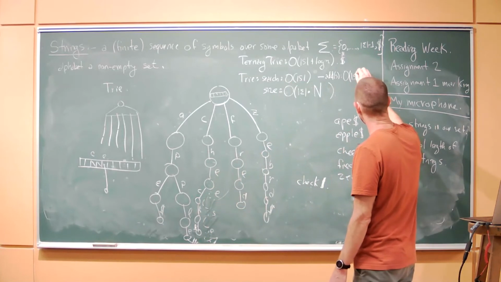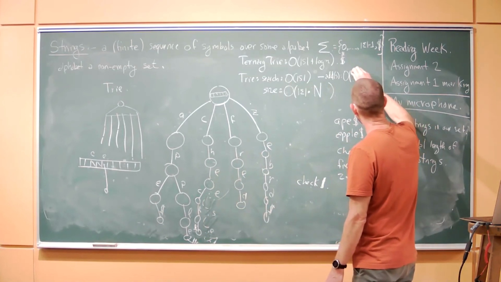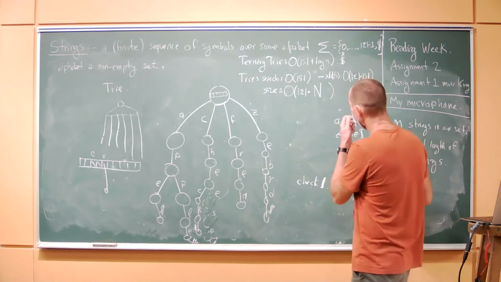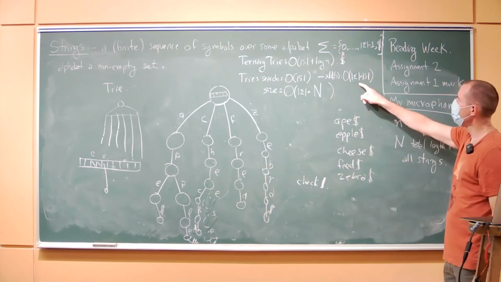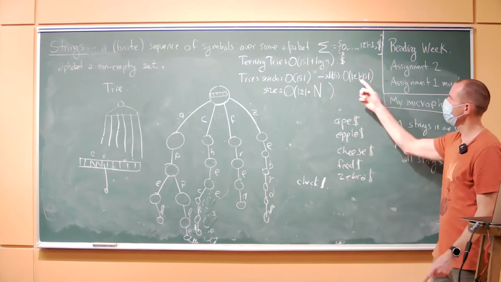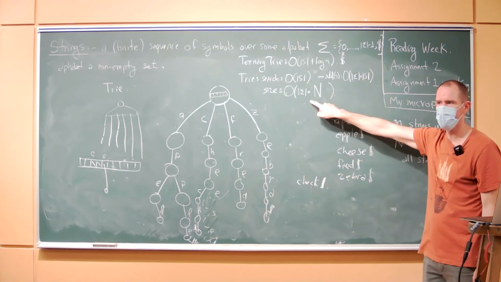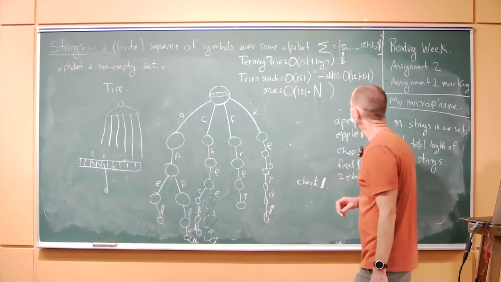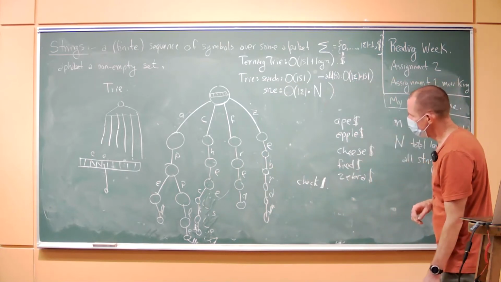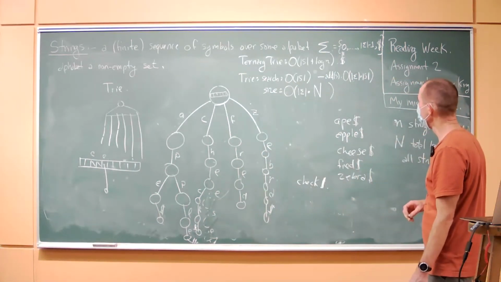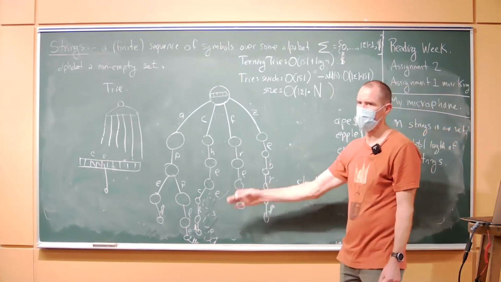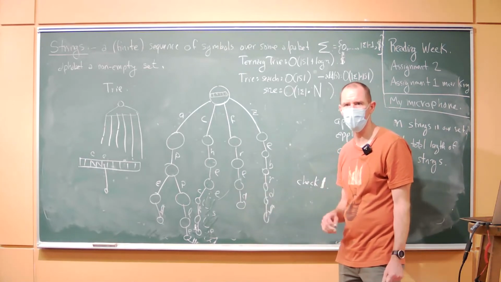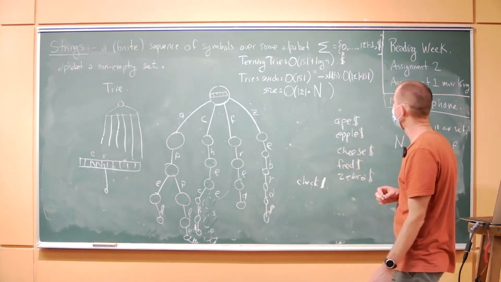So that is something like the size of our alphabet times the size of the string we're adding. That kind of had to happen because if we add a whole bunch of strings, we eventually end up with something of this size, which is the total length of all strings. And remove depends on how you want to count it. Depends how much you would like to say it costs to remove an array of that size. Is that constant time or proportional to the length of the array? It doesn't really matter much.